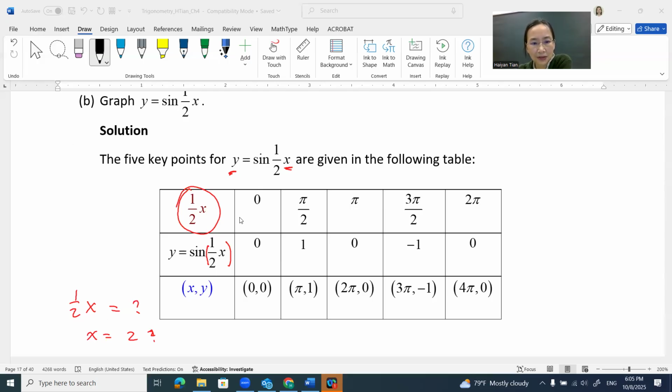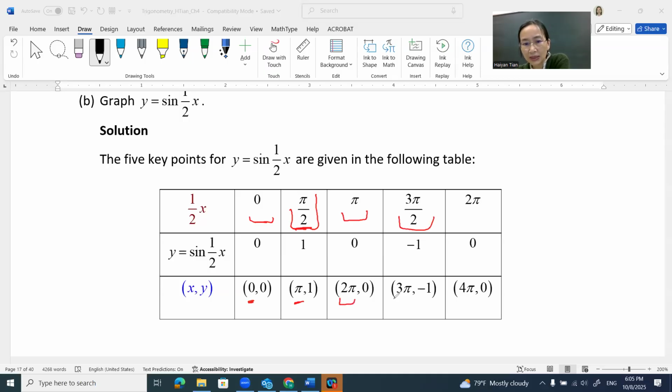When half of x is pi, x must be 2 pi. So x is twice half of x. Easy to figure out.